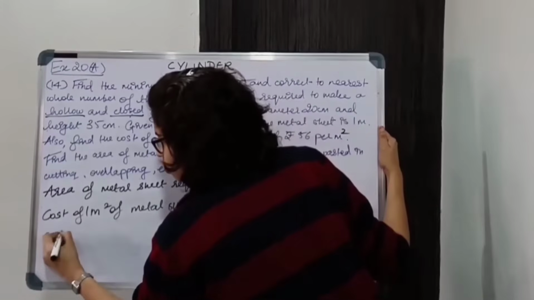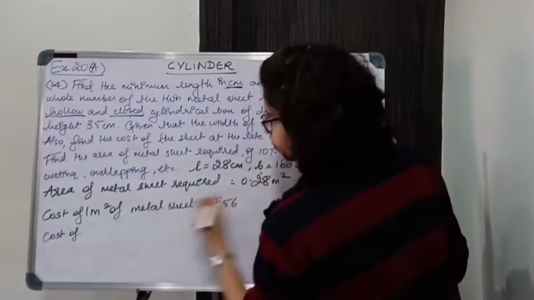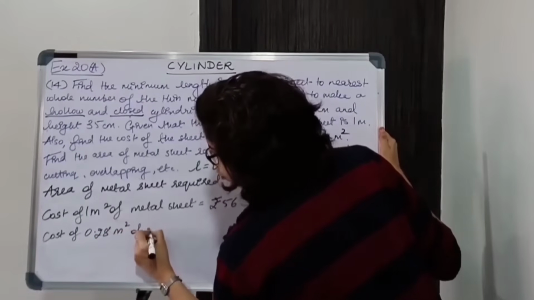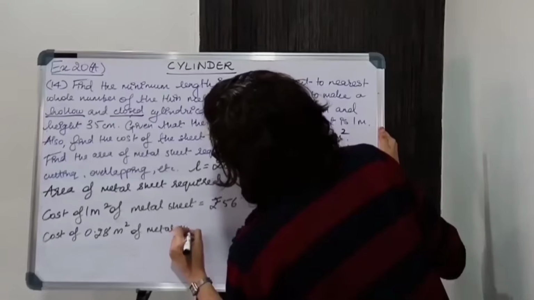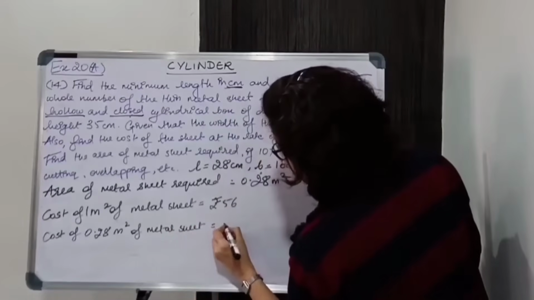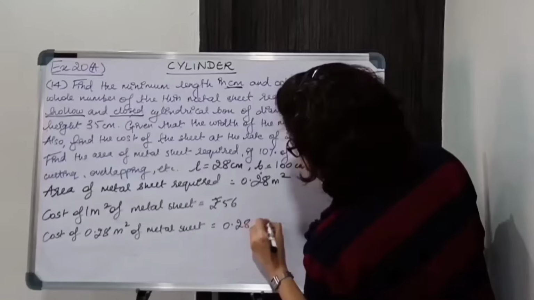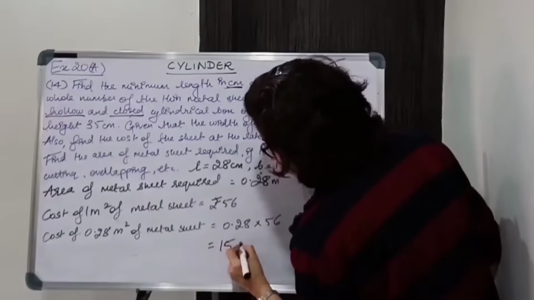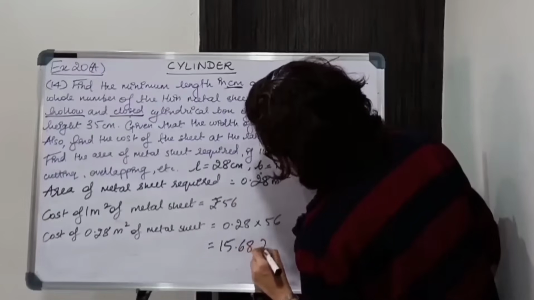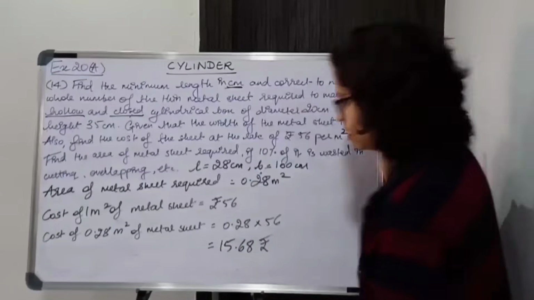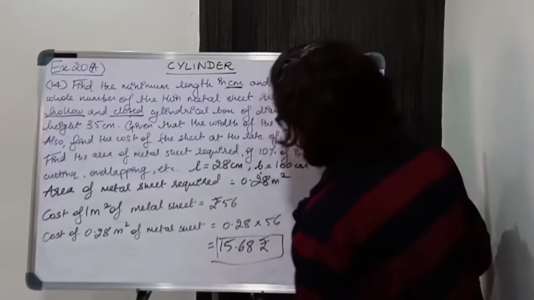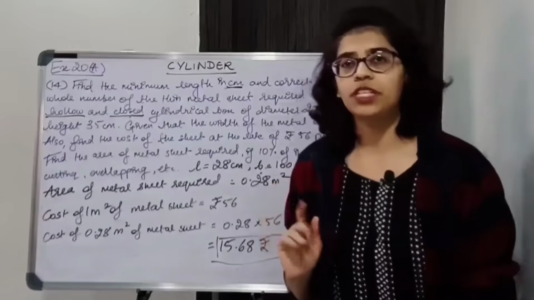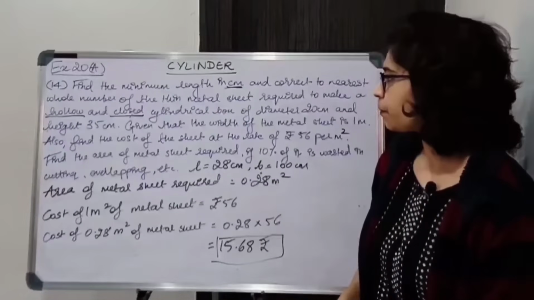So cost of 0.28 meters square of metal sheet is 0.28 into 56. That will give you 15.68 rupees. So cost is 15.68 rupees for this area, 0.28 meters square of metal sheet.